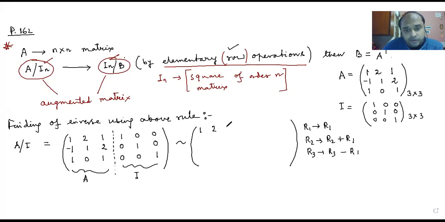So the first row will remain the same, and I'm going to change R2, so that would be 0, that is 3, and then 1 1 and 0. Just look at the operation. And the last one will be 1 minus 1, that is 0, that is minus 2, that is 1 minus 1, 0, minus 1, 0 and 1.